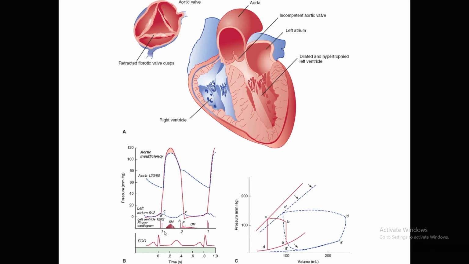The systolic murmur, crescendo-decrescendo, is due to the increased stroke volume due to the hypertrophy of the left ventricle wall.